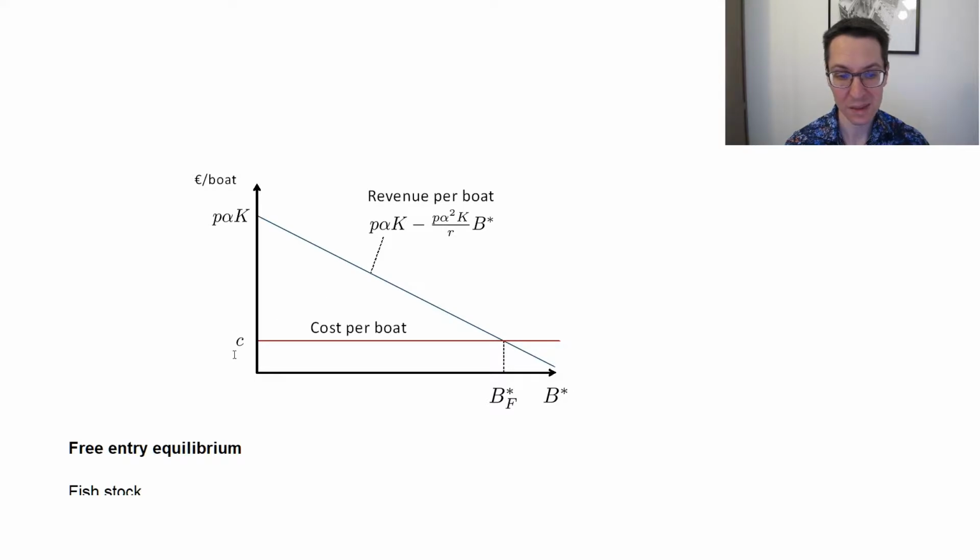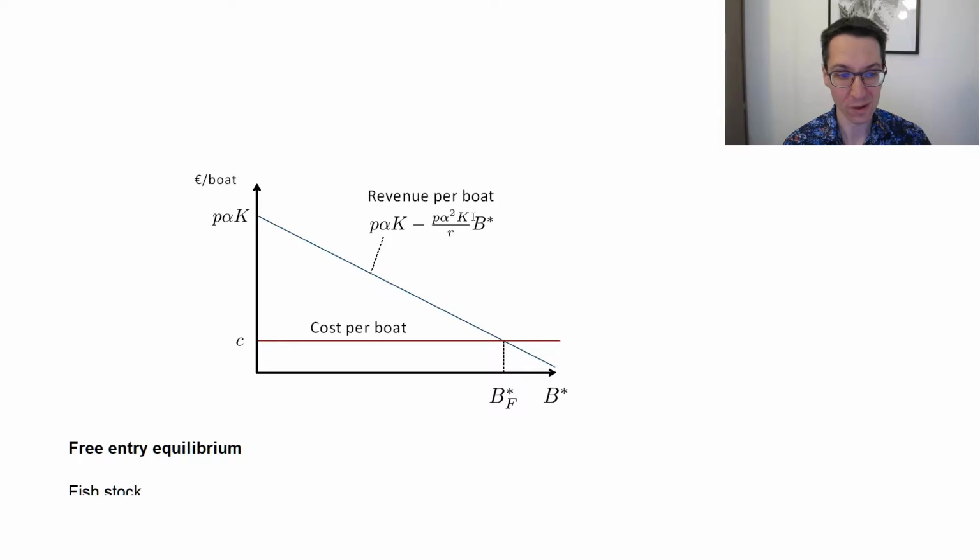This means that if I'm the only fisherman in the world and I enter the sea to fish, what's my revenue per bolt? Well, it's P alpha times big K, because that's the total carrying capacity, the total number of fish in the ocean that's available for me. But I'm not the only one who does that, and eventually my competitors enter the market too, so B star increases, and you can see that my revenue is going to decrease as a linear function of B star.